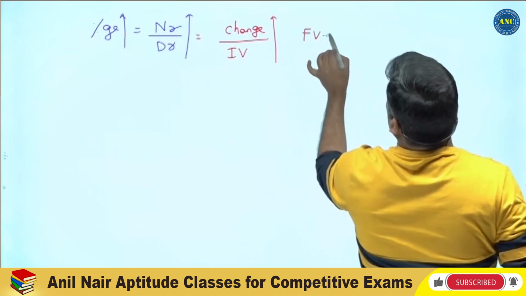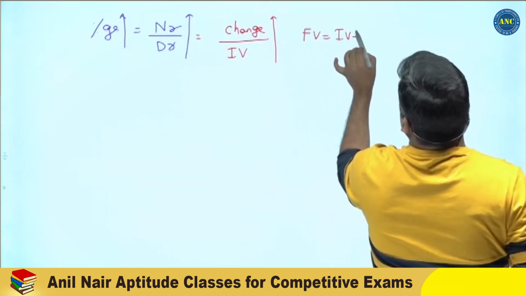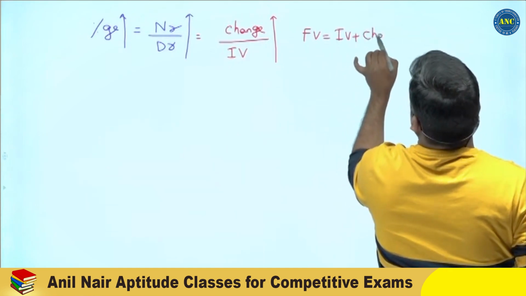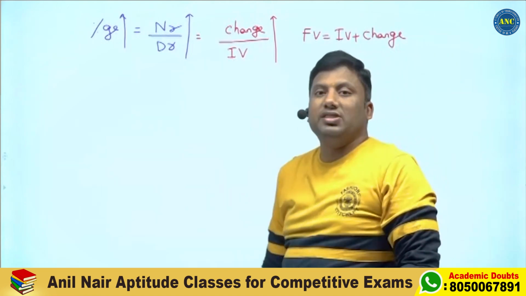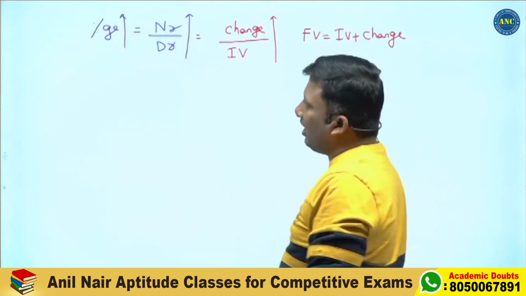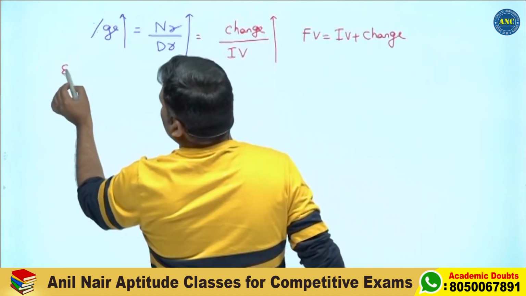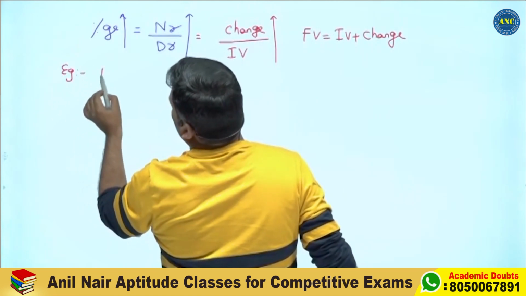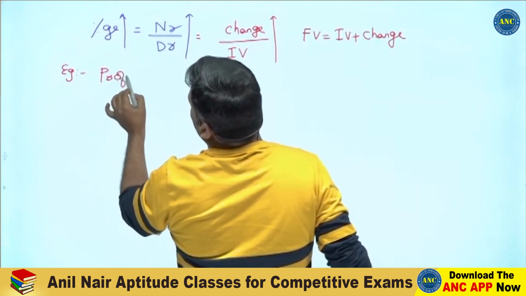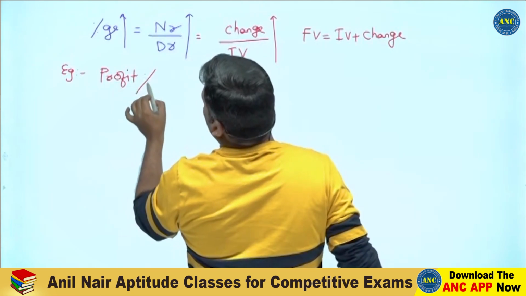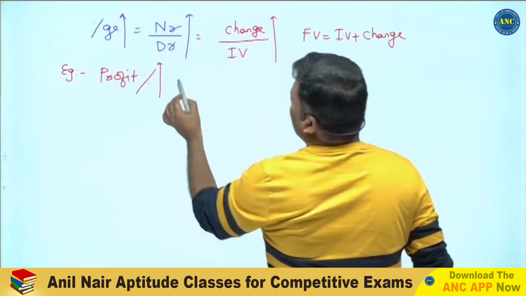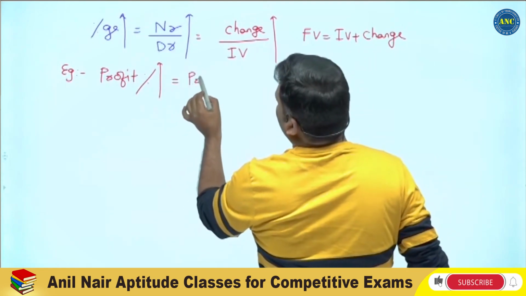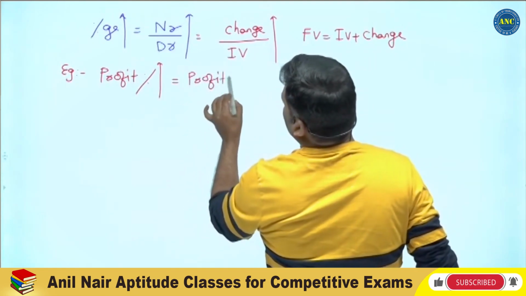So the final value is equivalent to initial value plus change. Why? Because it is percentage increase. Classical example: instead of percentage increase, I will use profit percentage. Profit percentage is given by profit upon cost price.